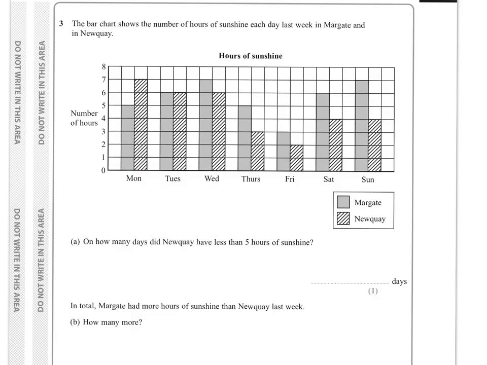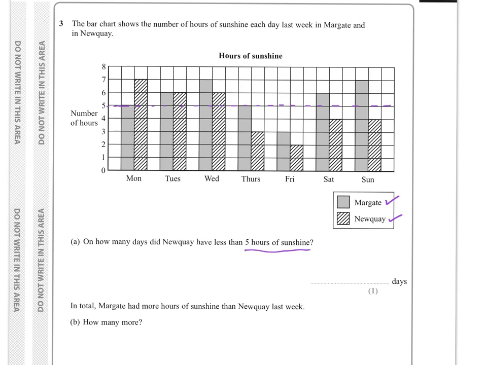Question 3. The bar chart shows the number of hours of sunshine each day last week in Margate and Newquay. On how many days did Newquay have less than 5 hours of sunshine? Well, the 5-hour mark is here.